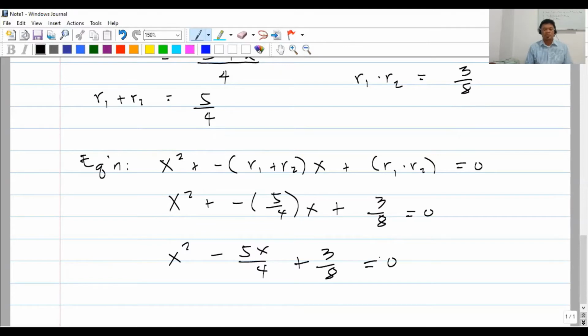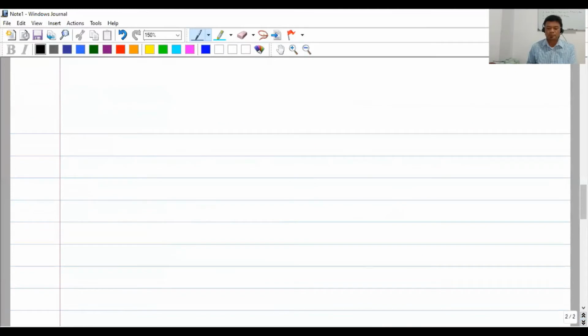Okay, so this could be our quadratic equation, but it is more appropriate if we express that in the form of ax squared plus bx plus c equals 0. So what shall we do?